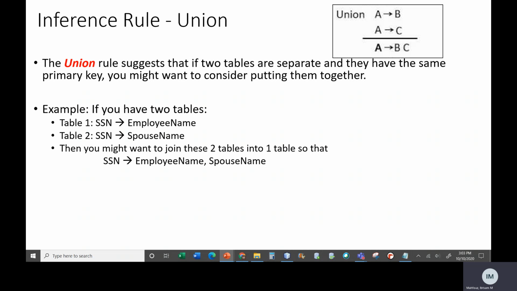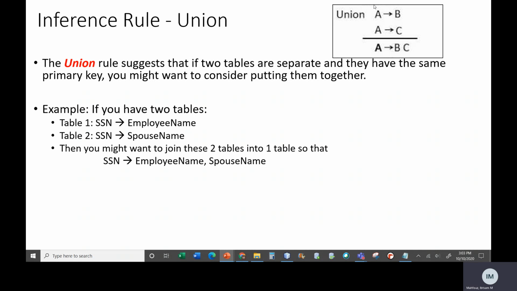So when we're talking about normalization in the next few lectures and videos, we're going to be talking about how we have a huge table and we want to split it. But we also want to keep in mind that we don't want to oversplit. So if you go down to a situation where you've split data and both those two tables have the same primary key, then you need to ask yourself if you've split too much.